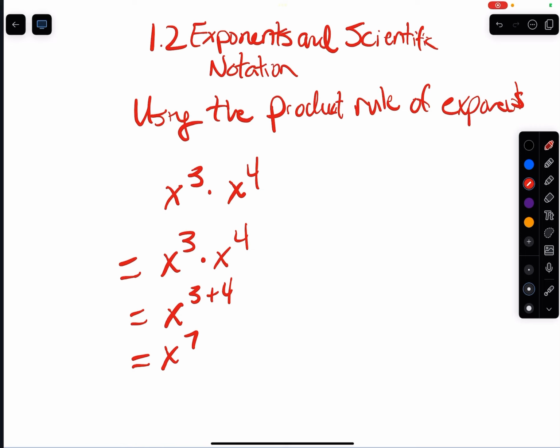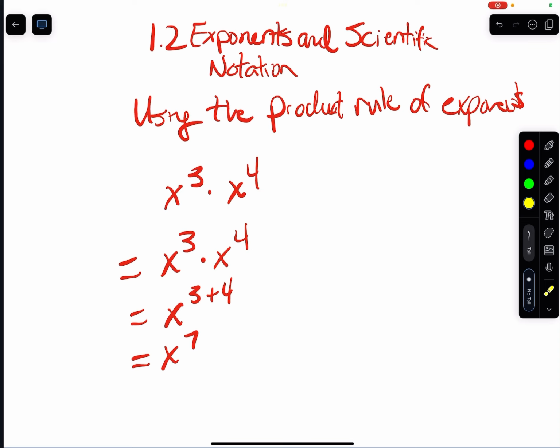Now, if you notice, the exponent in the product is the sum of the exponents in those terms. What that means is that when we multiply exponential expressions that have the same base, x in both cases, then we can add the exponents.